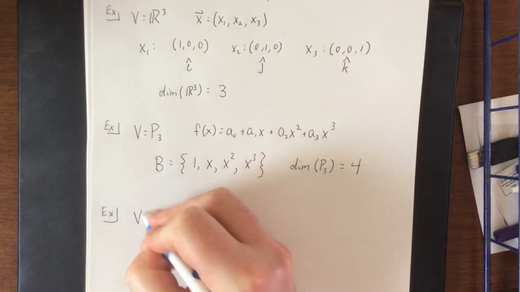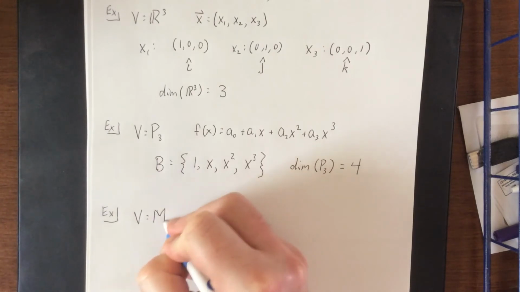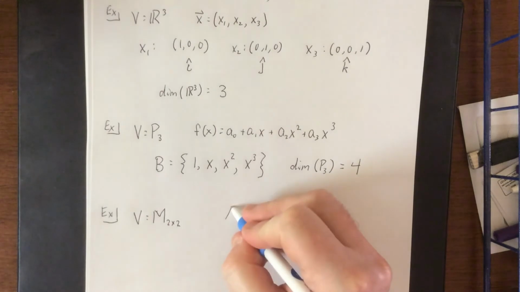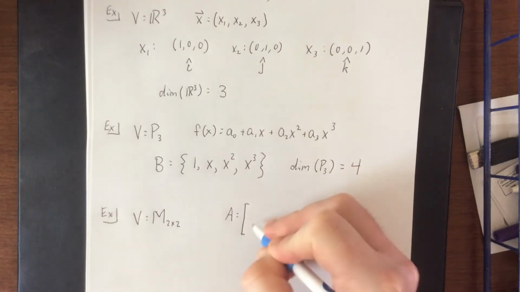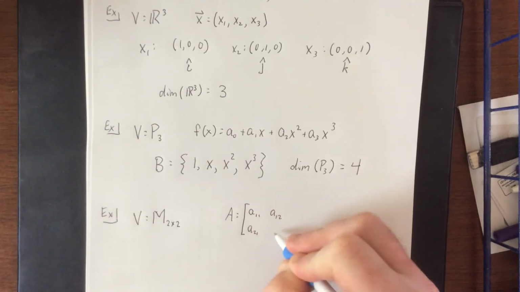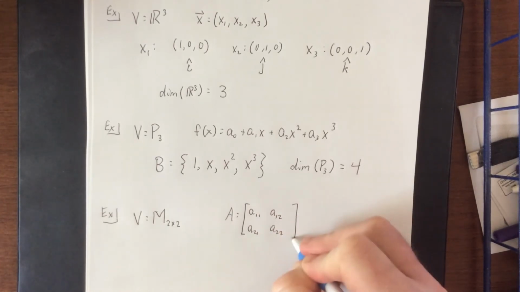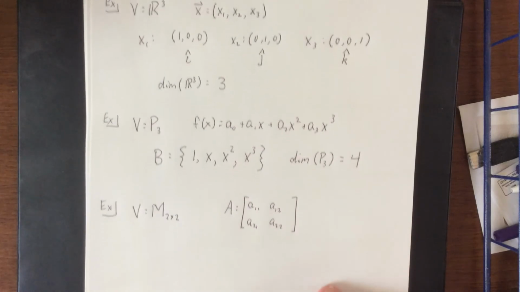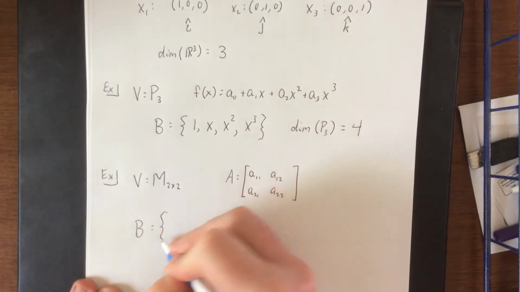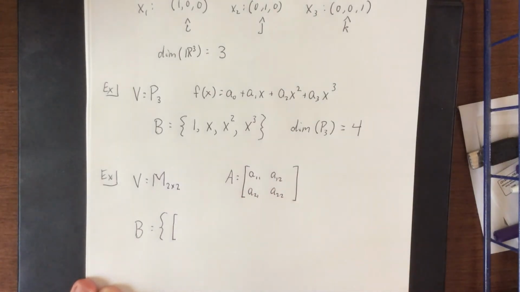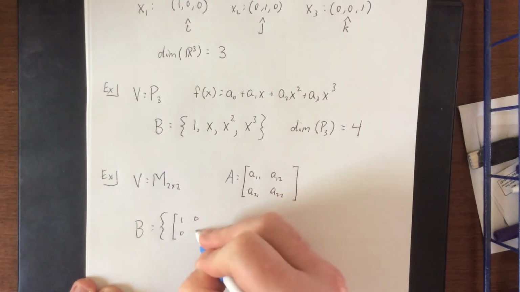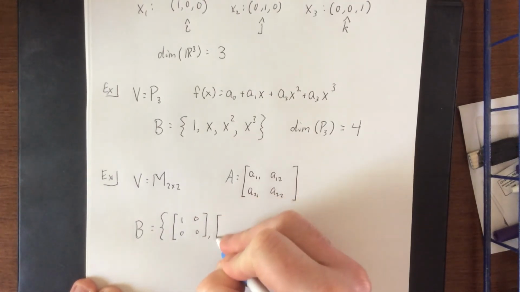Now let's bump it up to the vector space being the set of 2 by 2 matrices. A generic 2 by 2 matrix would probably be something along the lines of A is equal to a11, a12, a21, and a22. I could set any of those equal to 1 and set all of the others equal to 0. We would wind up with the following 4 standard basis elements. Setting the 1,1 entry to 1 and all others equal to 0, we would get this.